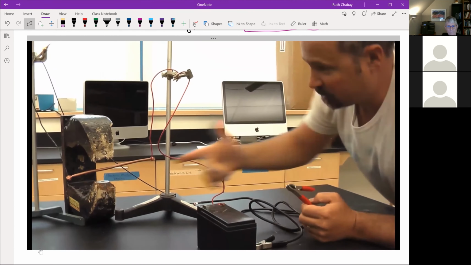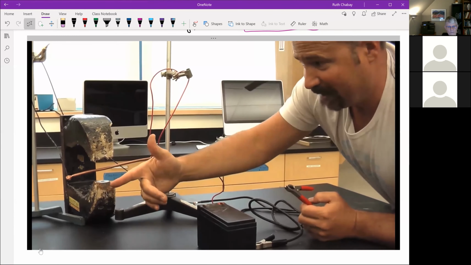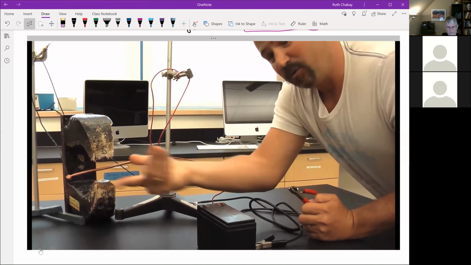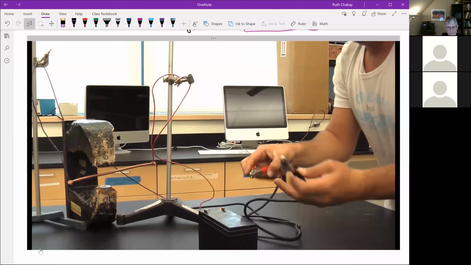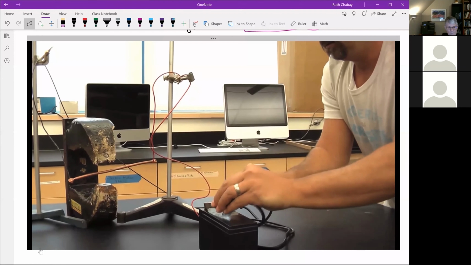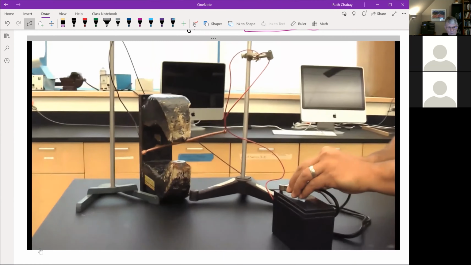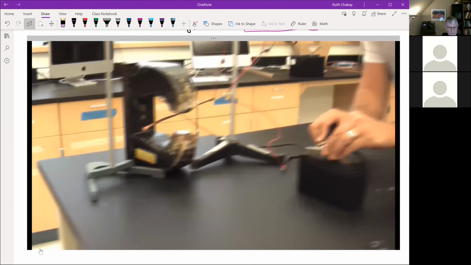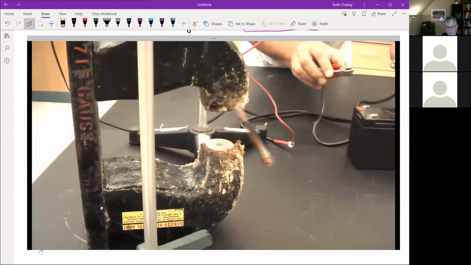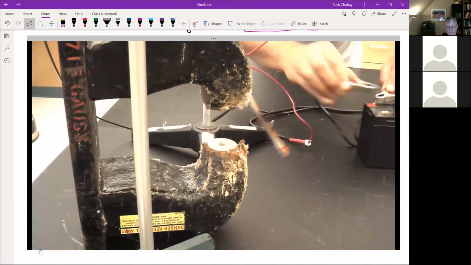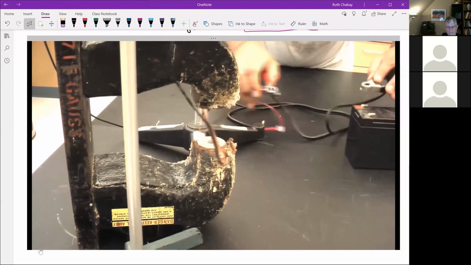So we'll have electricity flowing this way, magnetic field pointing up. We expect a force inward. And sure enough, we get an inward force. Now, if I reverse the direction of the current, we expect an outward force. Get this out of the way.